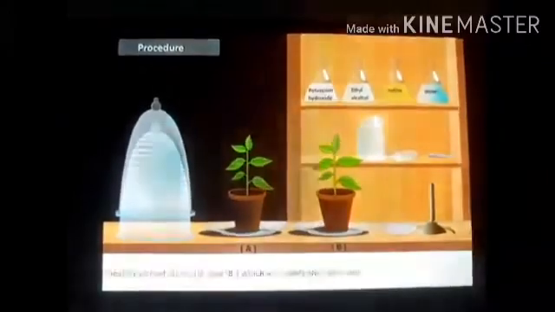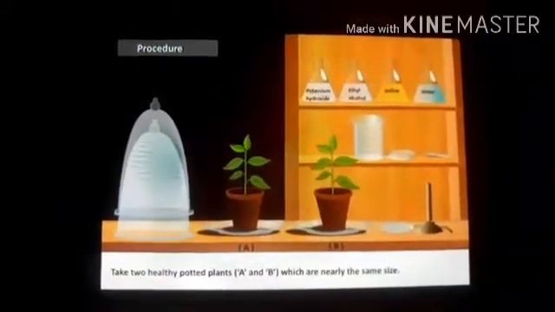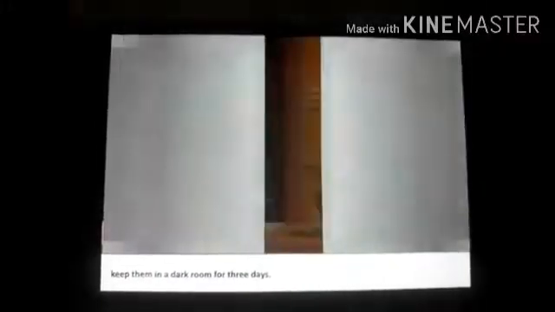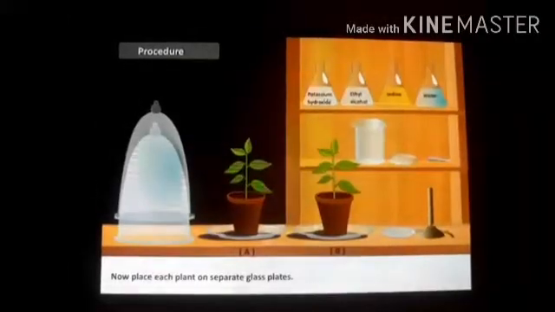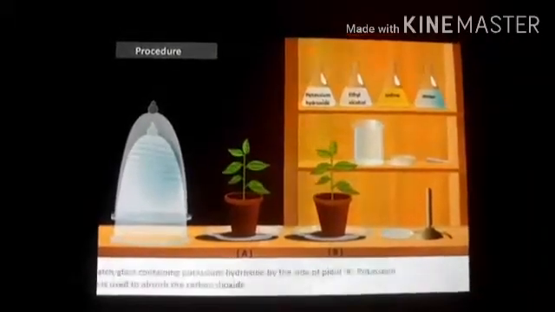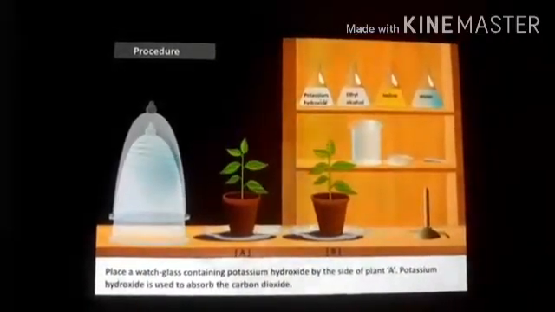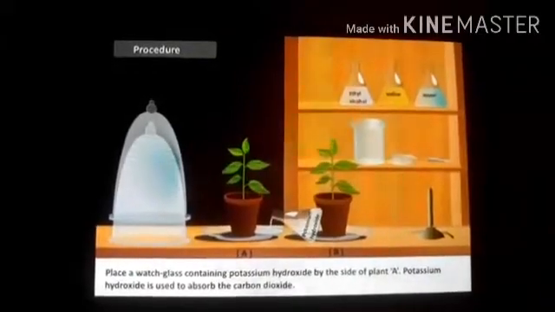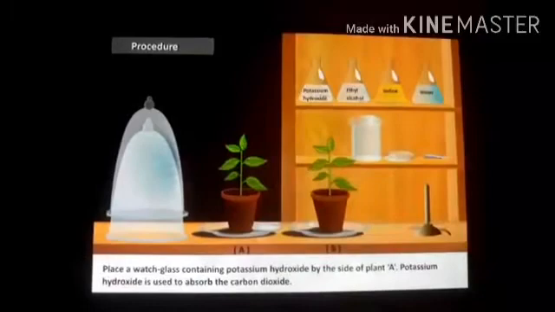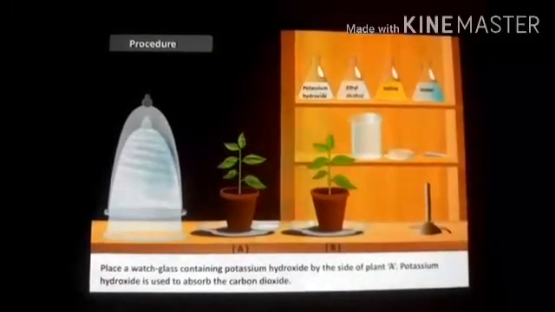Now procedure. Take two healthy potted plants which are nearly the same size. Keep them in a dark room for 3 days. Now place each plant on separate glass plates. Place a watch glass containing potassium hydroxide by the side of plant A. Potassium hydroxide is used to absorb the carbon dioxide.